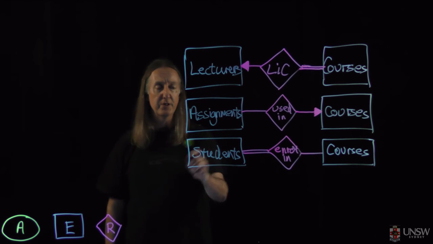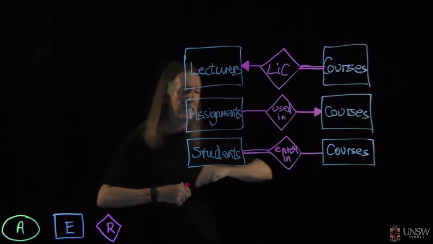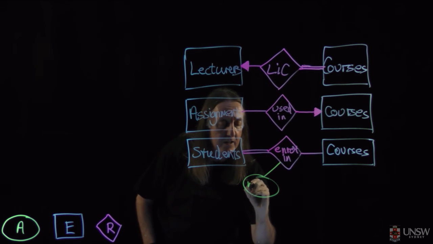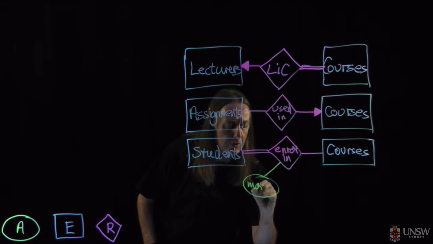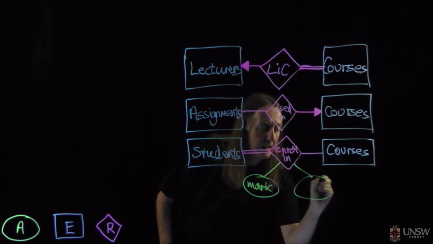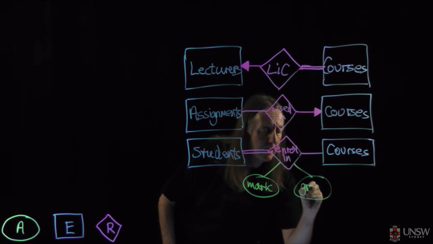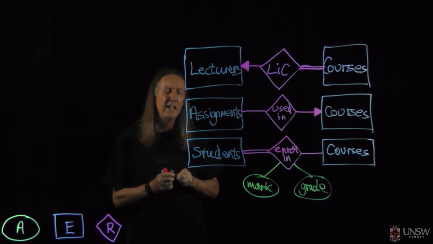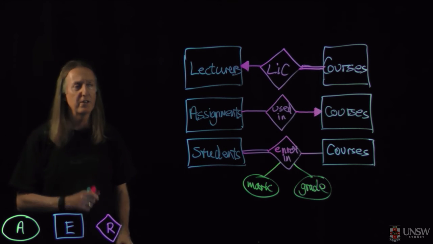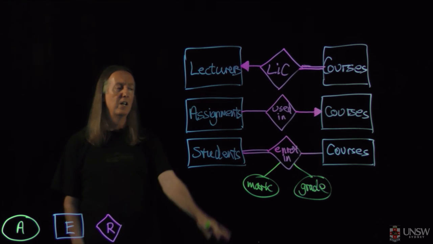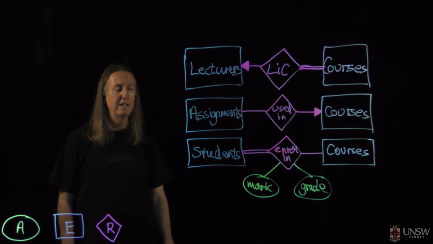So it's not an attribute that's attached to an entity, it's actually an attribute that's attached to the relationship. So a student enrolls in a course, and for that course they get a mark and they get a grade. Okay, so attributes aren't necessarily just associated with entities. Quite frequently we use them to capture properties of the relationship between pairs of entities.